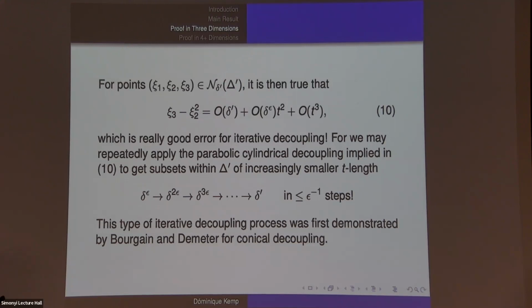And so then we obtain caps of length delta epsilon over 2. And okay, so there should be one more delta epsilon over 2.